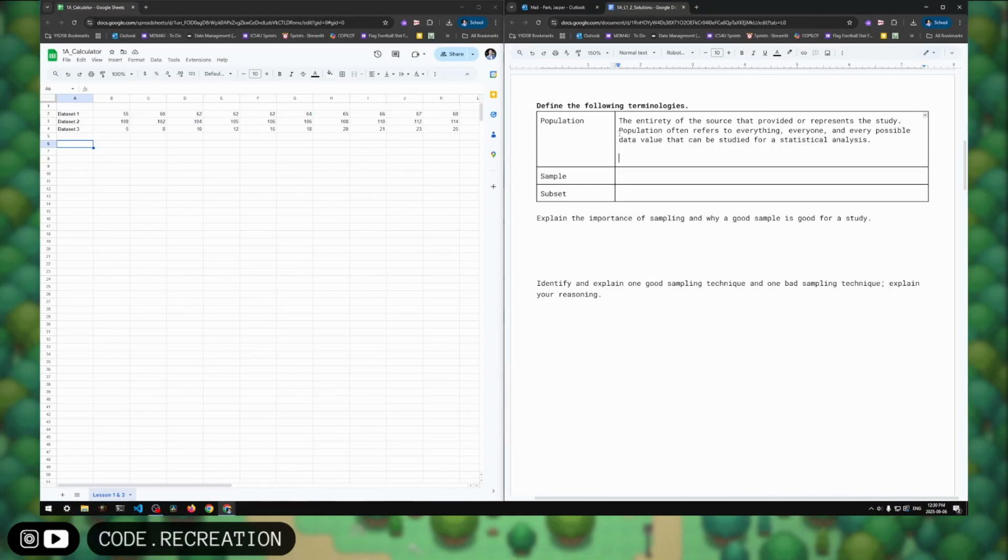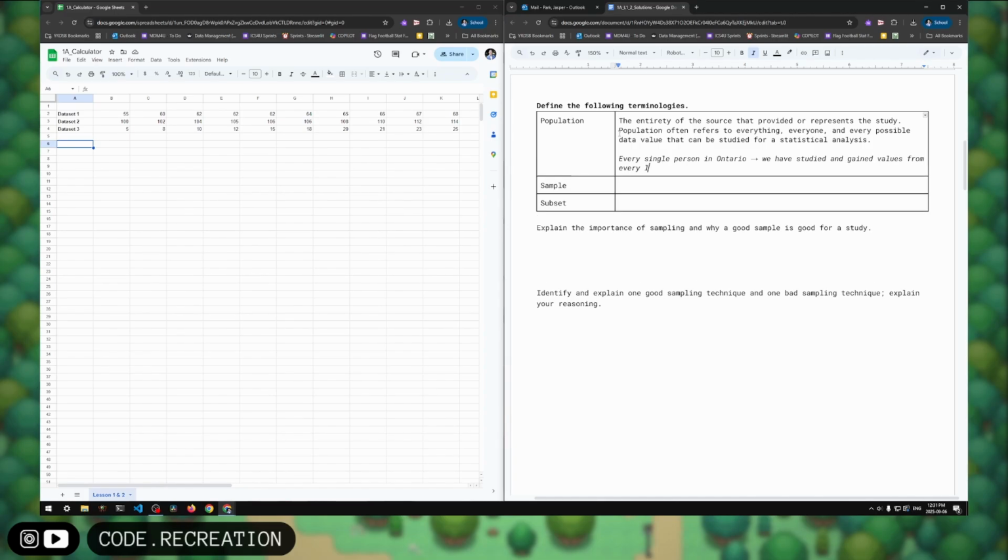So for example, we can look at the population of every single person in Ontario. This would mean that we have studied and gained values from every living person in Ontario, which is very difficult to do.